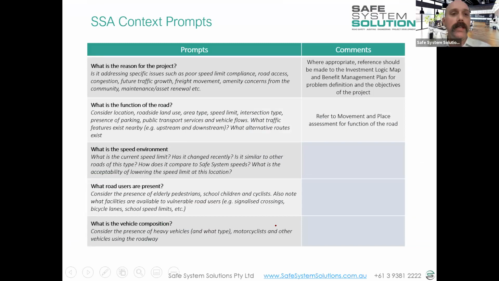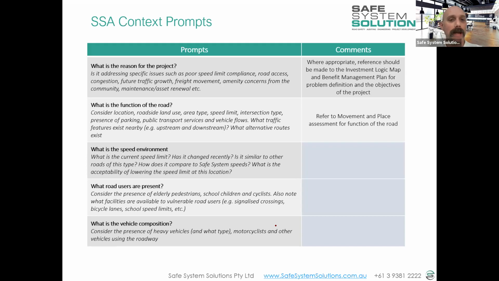So the first thing you tend to do in a safe system assessment is to utilize these context prompt questions, which are in the Austroads document and in the Victorian and South Australian guidance. They are a series of questions to understand the context of the project.